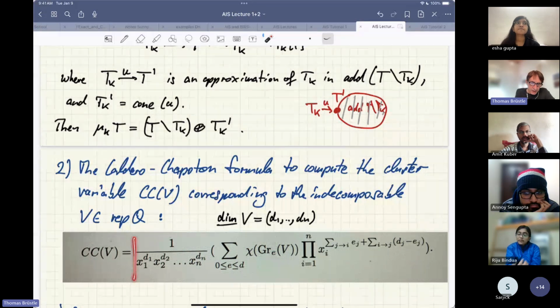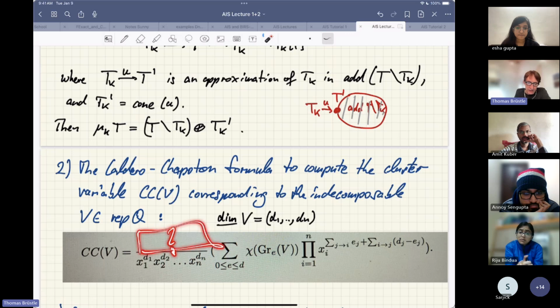The monomial you see here: we divide by the initial variables x_i to the powers d_i, the dimensions. We knew that already. The question is, what do you write in the numerator? We must find the polynomial in the initial variables placed up here. And the answer is written here.